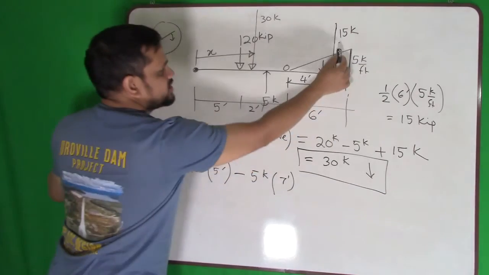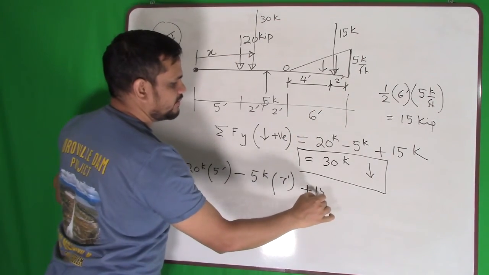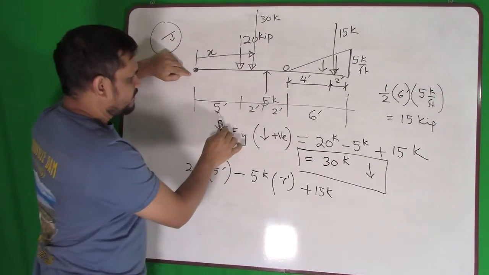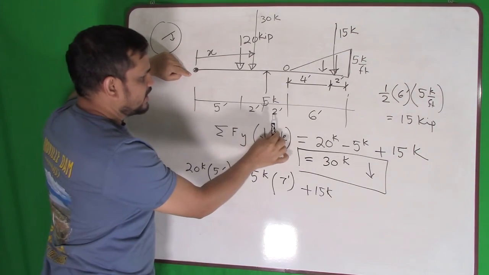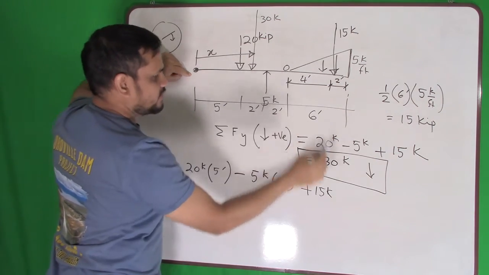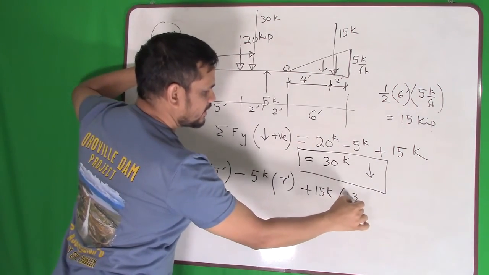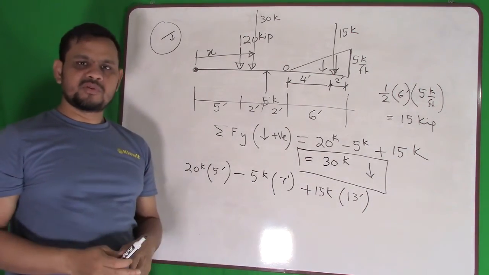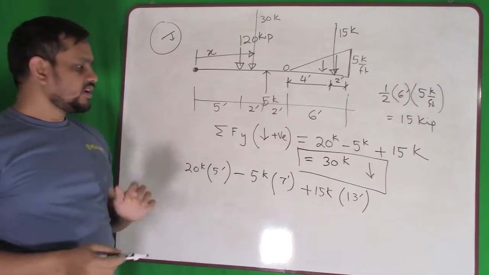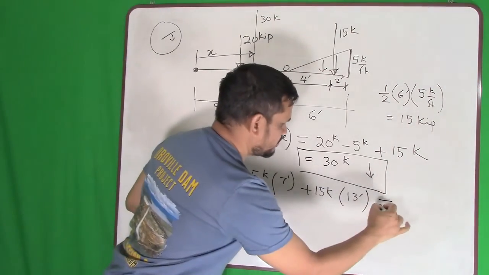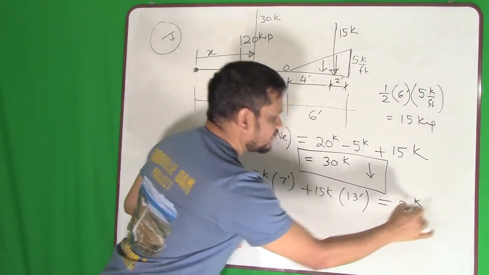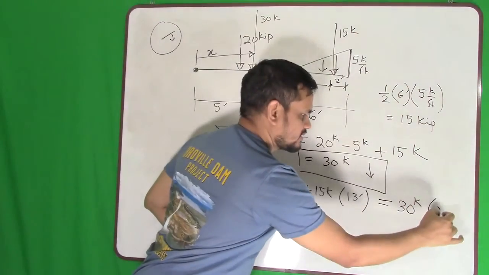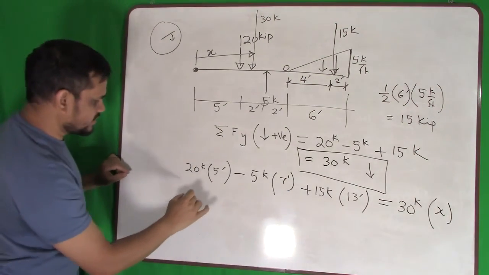Then the next force is 15 kip. Positive. Why? It will give me a clockwise moment. What is the distance? 5 plus 2 is 7, 9 plus 4, 13 feet. So this is the summation of moment produced by the given forces. It must be equal to the moment produced by the resultant. Resultant is 30 times x.